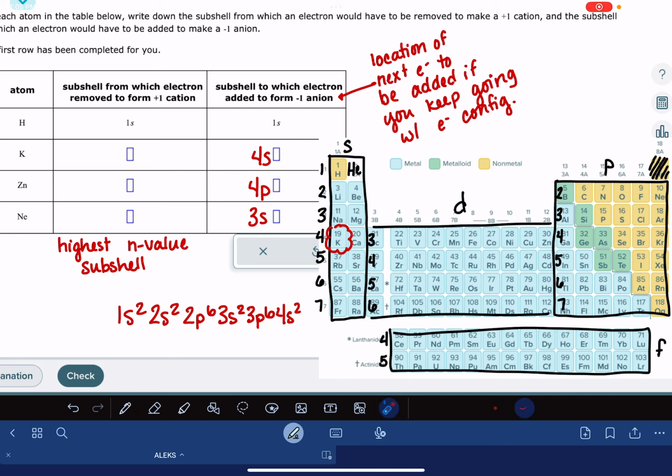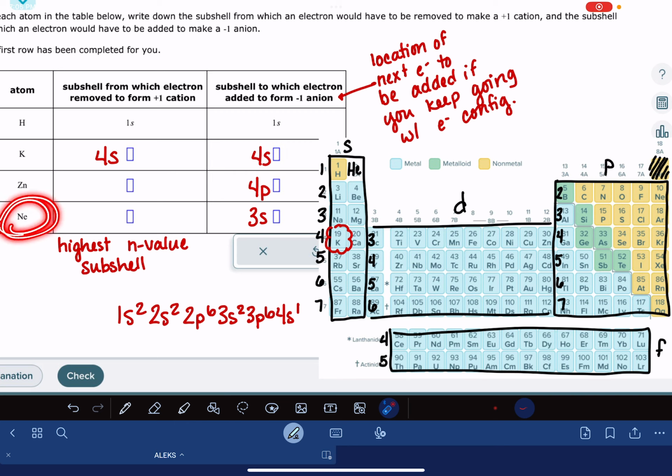Now, if we remove one of these electrons to form the +1 ion, it's going to come out of the highest n value. For potassium, the highest n value is 4, and the highest subshell in n equals 4 is s. So that is going to come out of the 4s. Coincidentally, it is also the last electron that we added in the electron configuration, but that is just a coincidence.